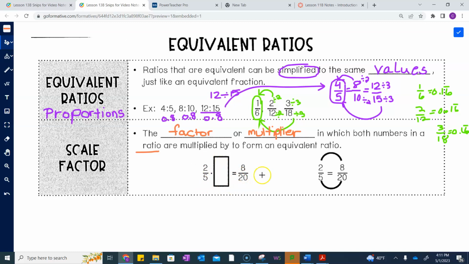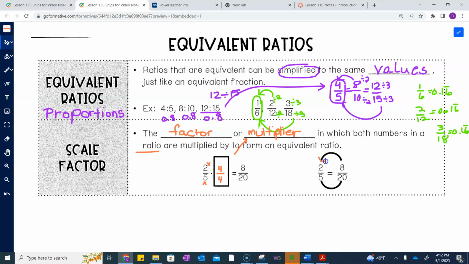So if we're looking at this setup, we're saying, I want to change 2 to 8 and 5 to 20. So what I could do is multiply 2 times 4 and multiply 5 times 4. And that'll create my 8 over 20. So my multiplier for that would have been 4.